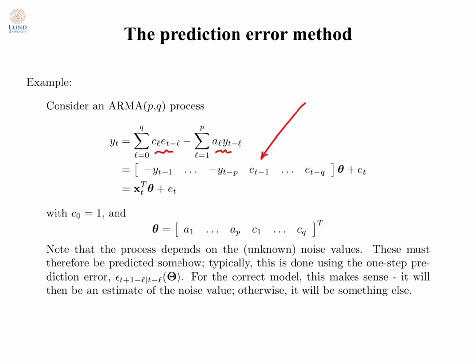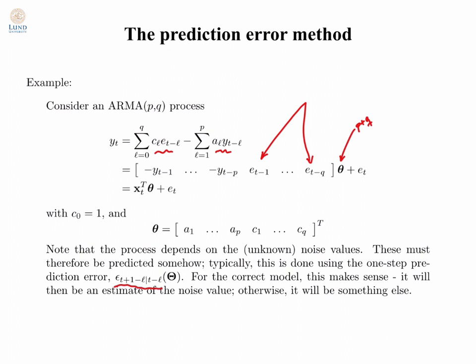Notice that in my linear model, my regressor will contain the noises like this. These are of course unknown. My parameter vector theta is here also unknown, so they are my P plus Q parameters that I wish to minimize over. But I have to deal with the fact that I don't know my noises. So what you typically do is that you assume that the prediction error is a reasonable model for this.